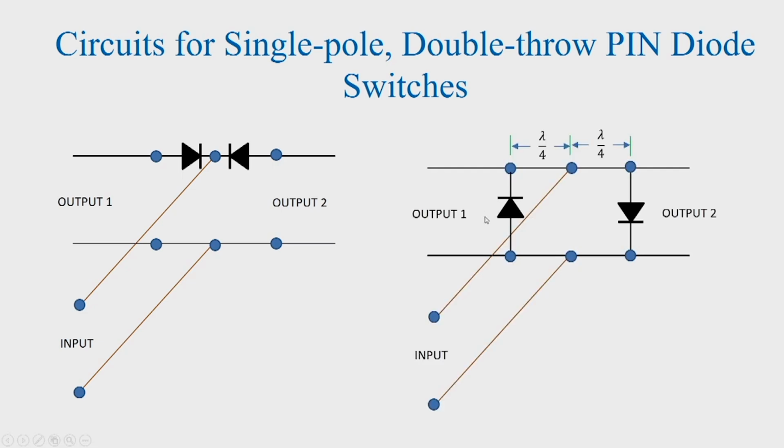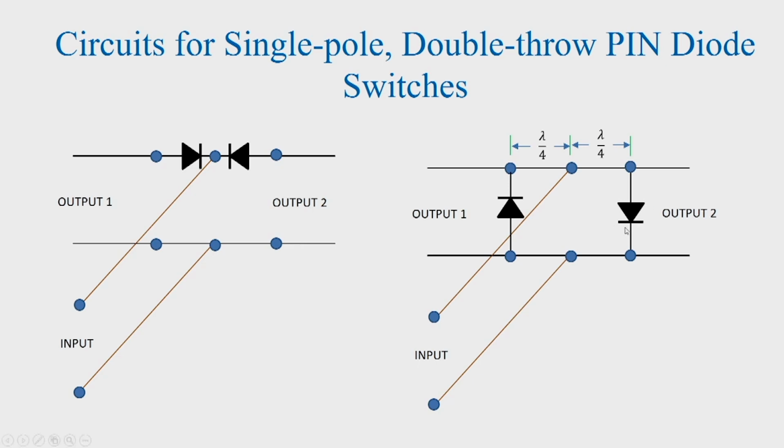Let us see another way in which an SPDT switch can be realized. Here in this case, the diodes are connected in parallel and we are using lambda by 4 sections. Suppose the diode in output port 1 is off and the other diode is on. In that case, what will happen?